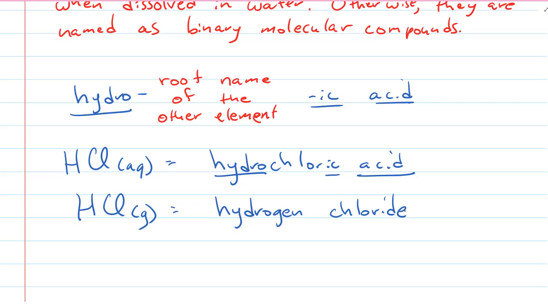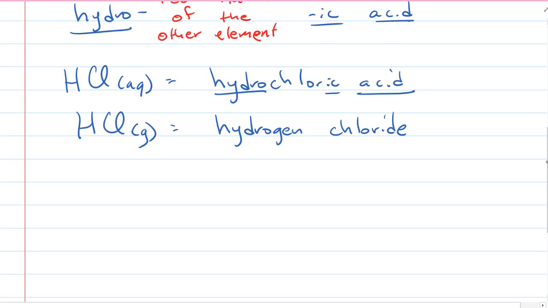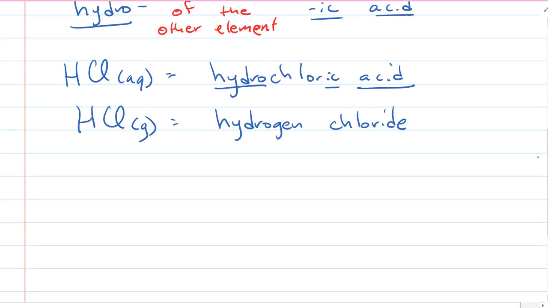Usually when we see it written, if we leave the phase off, it's assumed that we're talking about the acid form of the compound. If you add the aq on there, I would not mark it wrong if it's not included. I can't recall what Mastering Chemistry does, but it may prompt you to include the phase label. Okay.